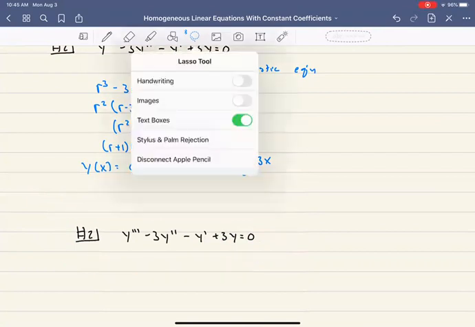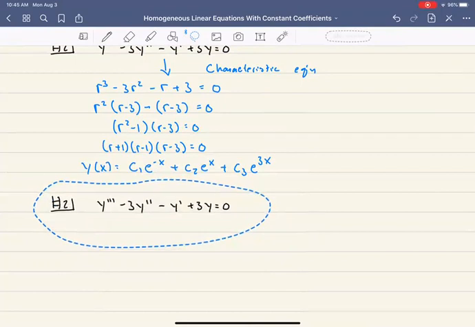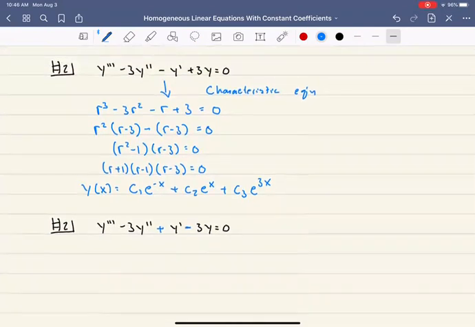Instead of having a minus here, let's change this to a plus and that to a minus. So it's a slightly different problem. I'll call it 2 prime, and we're going to do our factoring.